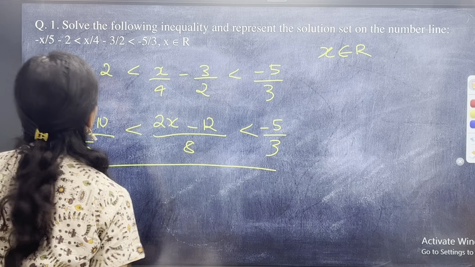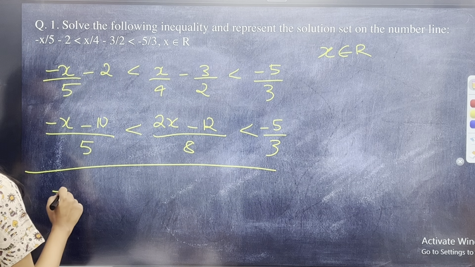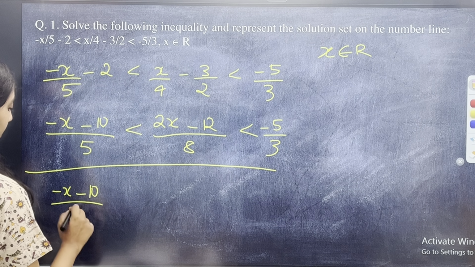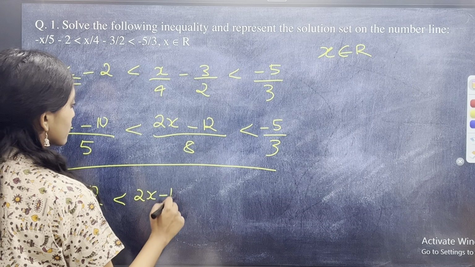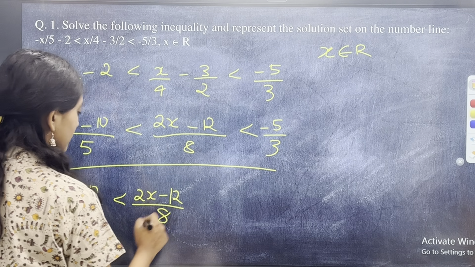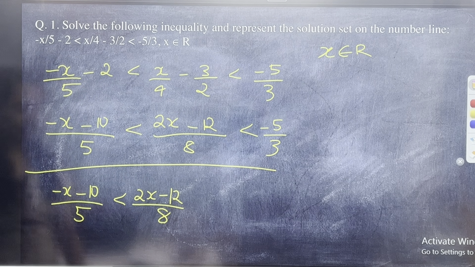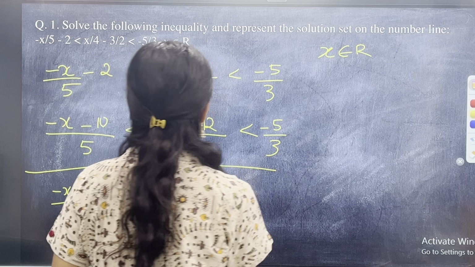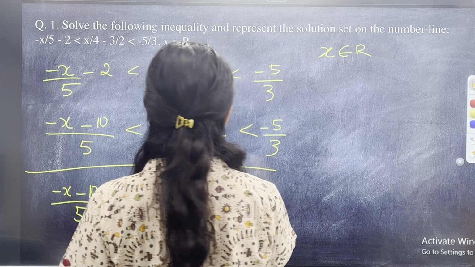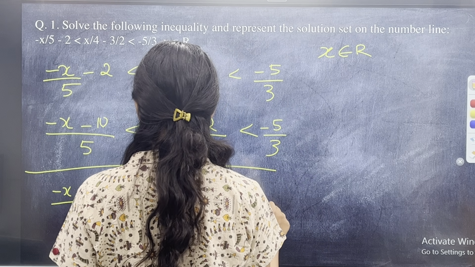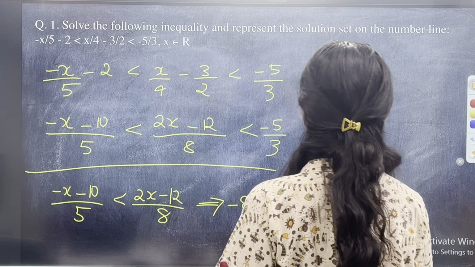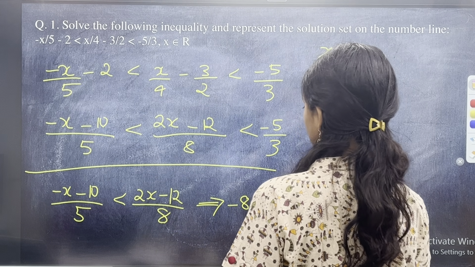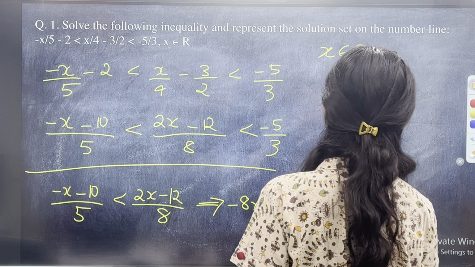Okay, I will say minus x minus 10 by 5, I'm just rewriting it, is less than 2x minus 12 by 8. Again, cross multiply. So when you cross multiply, you get minus 8x minus 80 is less than 5 2s are 10x minus 12, 24, 30, 40, 60. Right?